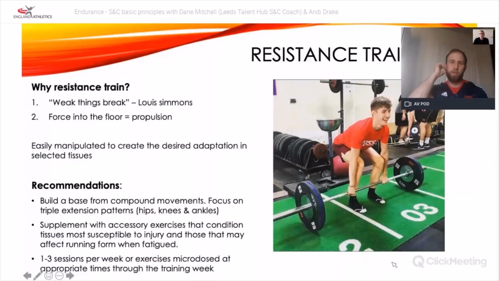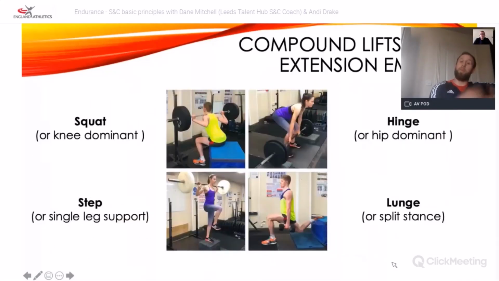Okay, so Andy, can you move on to the next slide, please? The next slide, when it pops up, is my categorization of the compound movements that involve this triple extension of your hips, knees, and ankles. So my simple brain categorizes them into four main movements.